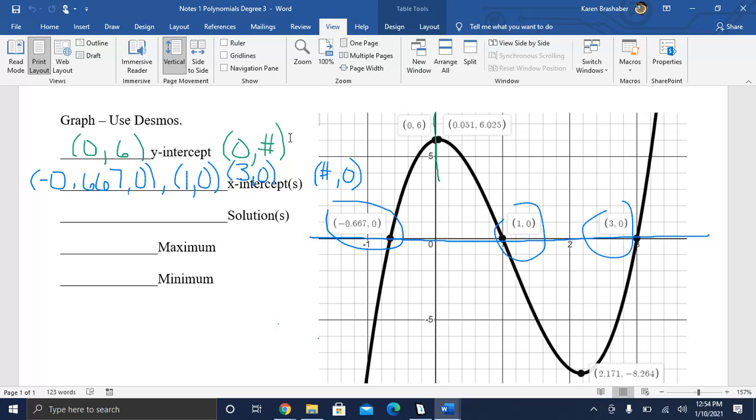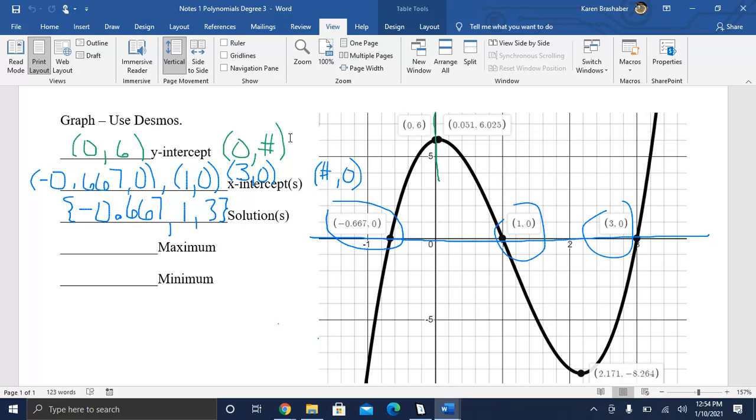These are your x-intercepts. The next thing you'll be asked to find are your solutions. Now, the solutions are not ordered pairs. Those are the x's from the x-intercepts. So once you have the x-intercepts, you simply list the x's from the x-intercept. So negative 0.667, 1, and 3. And I'm putting them in a solution set. They are not ordered pairs.